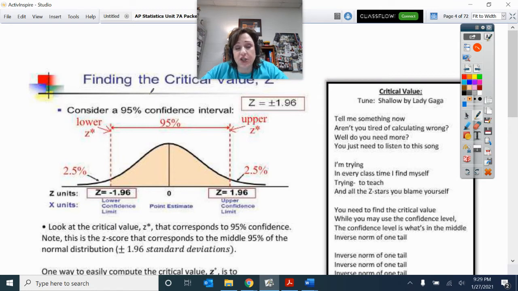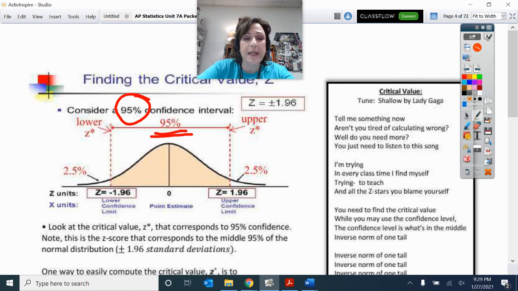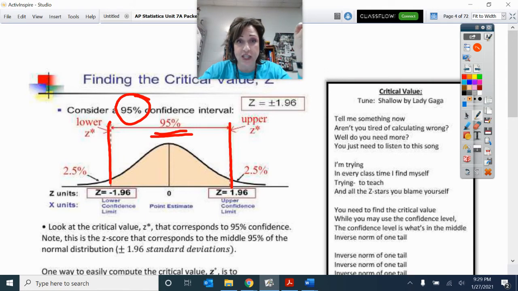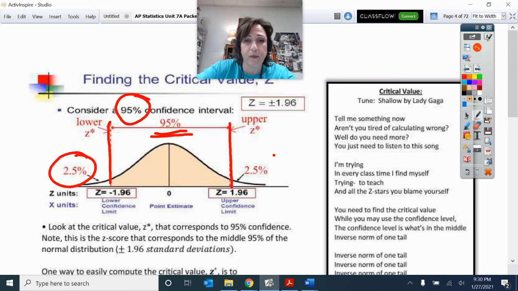So let's consider that what we're going to do is make 95% confidence intervals. Think about what that means: 95% is what's in the middle. So if 95% is in the middle, then what remains on the outside edges? What remains is 5%. We'll split it between the two tails, so that makes 2.5% on each one of those outside edges.